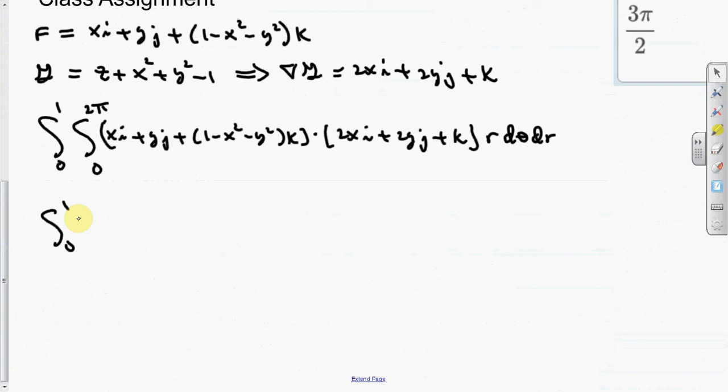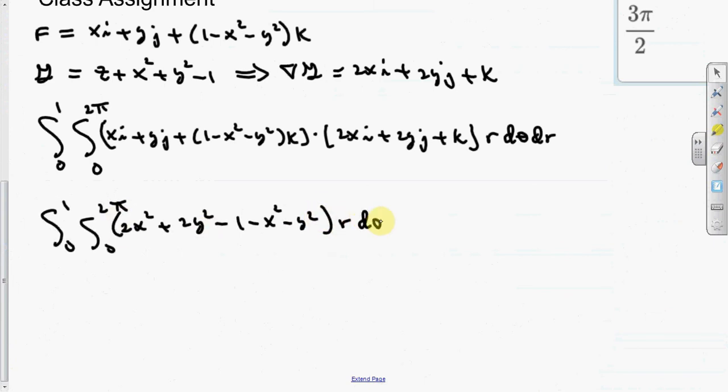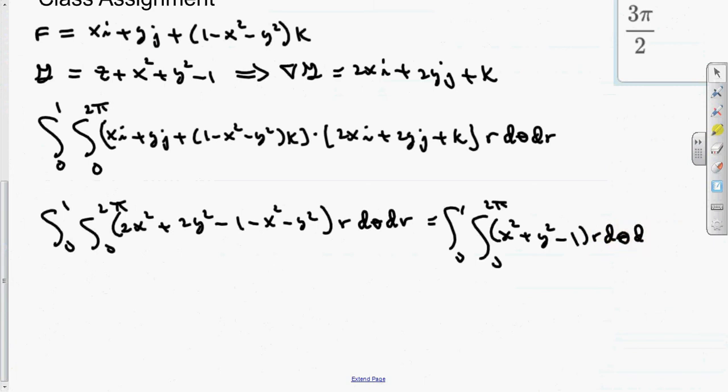Let's do it like that. 0 to 1, 0 to 2 pi. And this is 2x squared plus 2y squared minus 1 minus x squared minus y squared r d theta dr. This is the double integral from 0 to 1, 0 to 2 pi. We just get x squared plus y squared minus 1 r d theta dr.